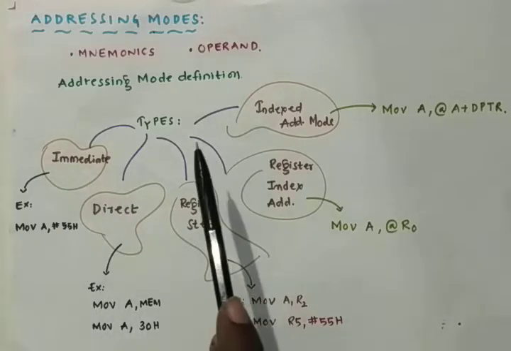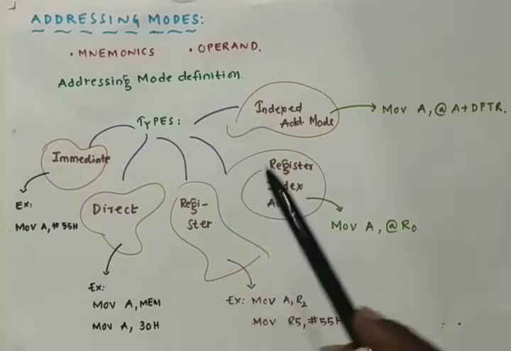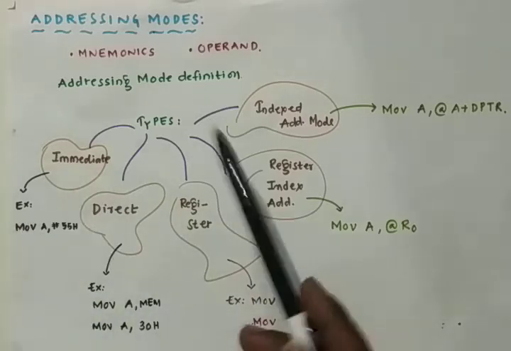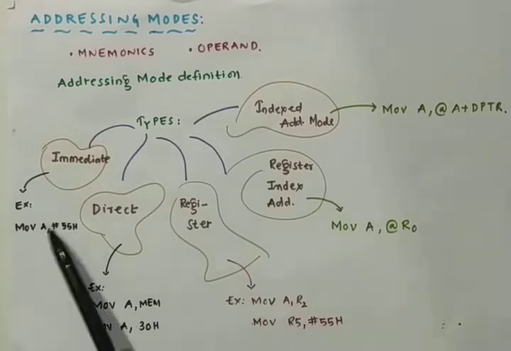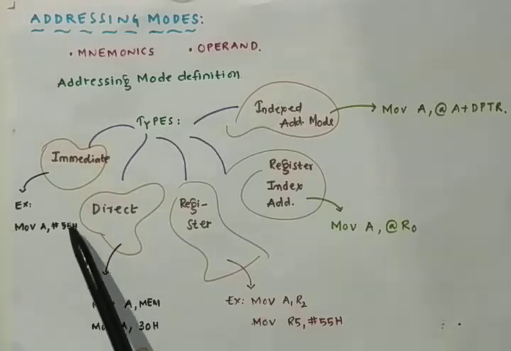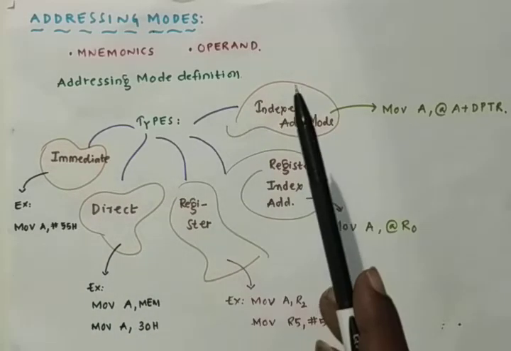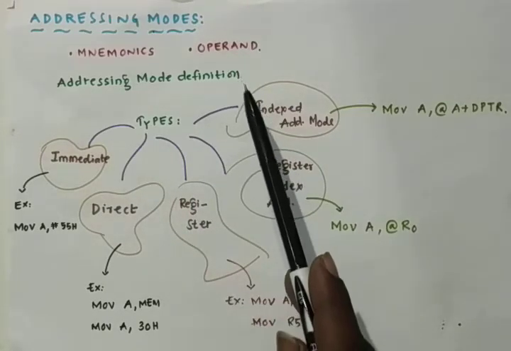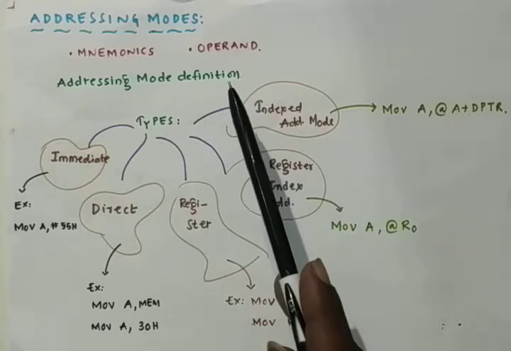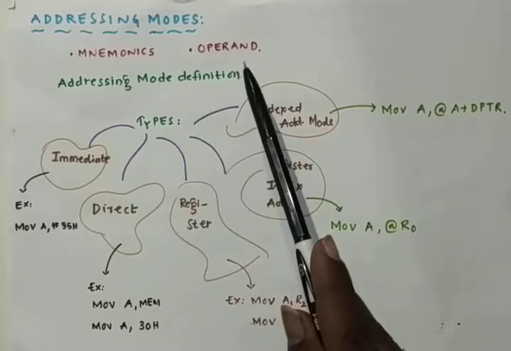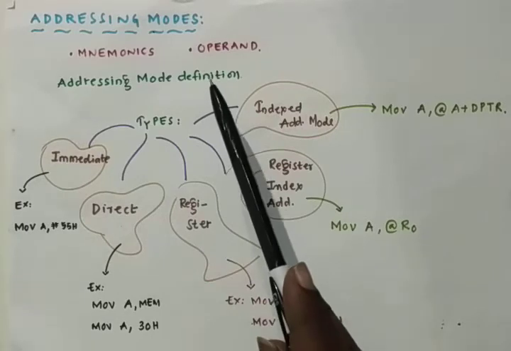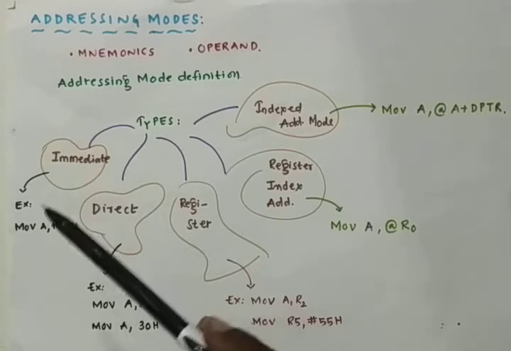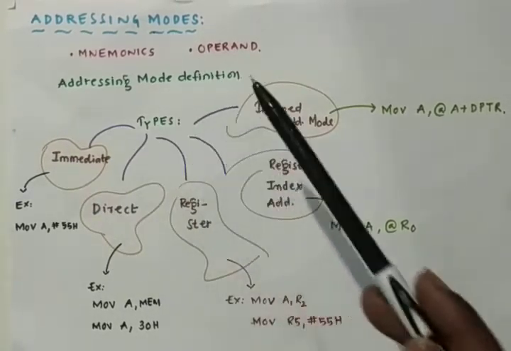Mnemonic is the instruction specified in alphabets, and operands are the data on which we perform the operation of the instruction. So in the instruction set of 8051, we have the mnemonic and operands. Mnemonic is the instruction specified by the alphabets, whereas operands are the data on which the instructions are going to be performed.